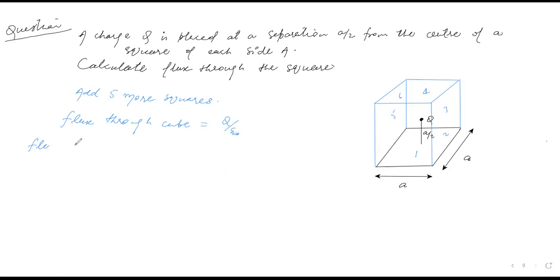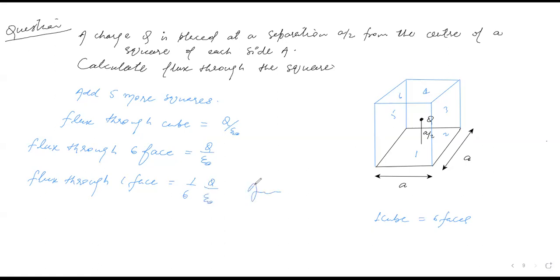Flux through 6 faces, that is 1 cube, is equal to q over epsilon naught. Then the flux through 1 face is equal to 1 by 6 into q over epsilon naught. This is your final answer. Are you clear?